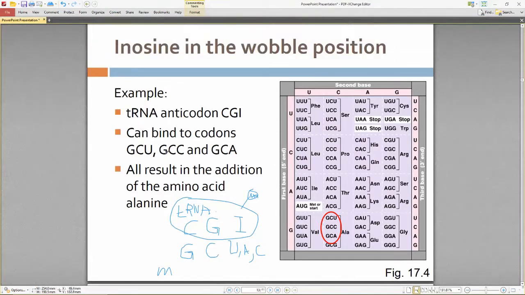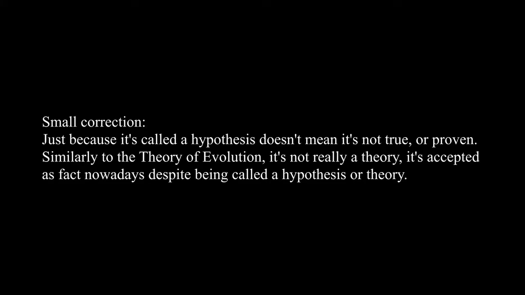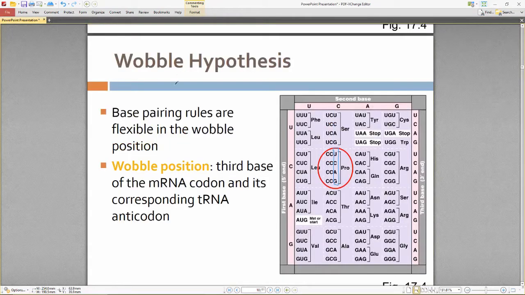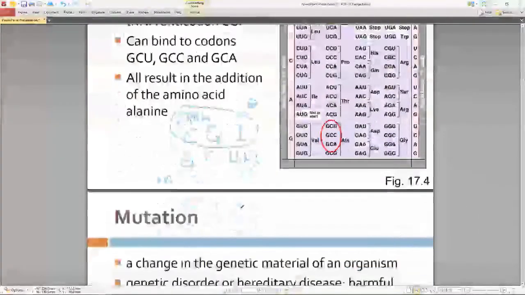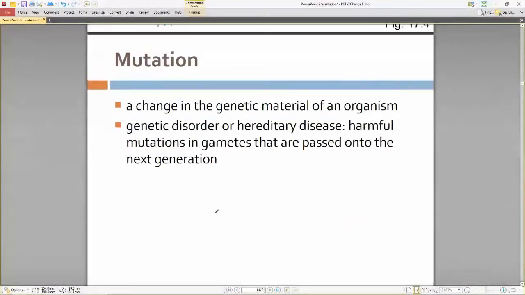This is a hypothesis, and it's a pretty good hypothesis if you ask me. I don't know why they still call it a hypothesis if it hasn't been proven or not. But maybe we could ask Miss Law that question if she sees the video.